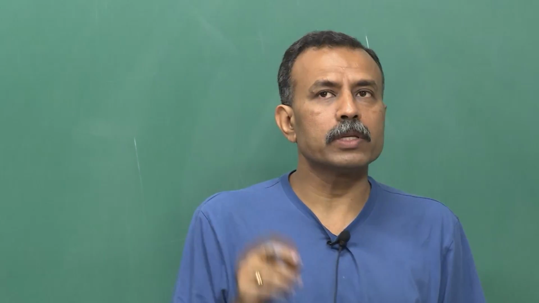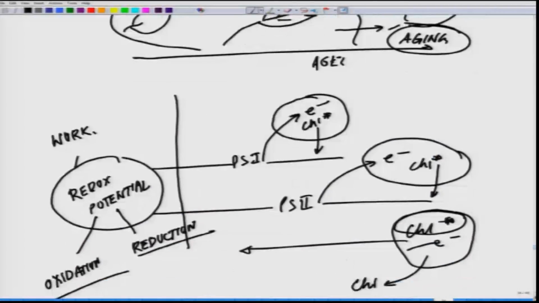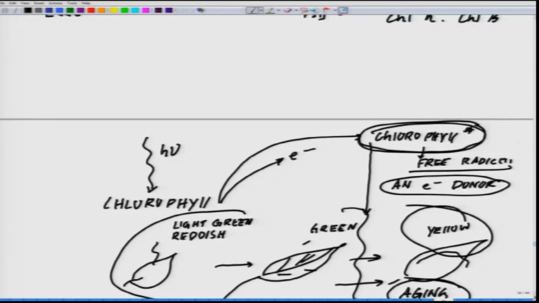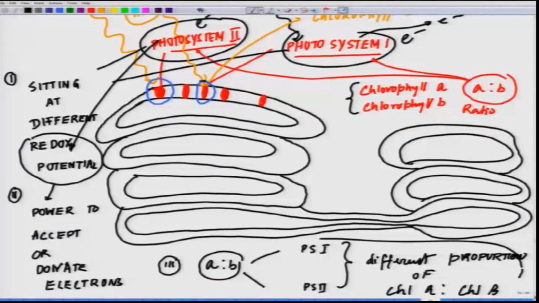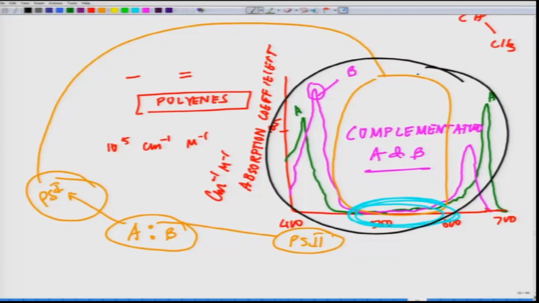So, today's take home message is the existence of two kinds of photosystems ejecting electrons from different redox potentials; the chlorophyll molecule attains its green color because of the magnesium, and when you remove it with aging it becomes yellow; photosystem 2 and photosystem 1 are sitting at physically distinct locations on the thylakoid membrane; and photosystem 1 and photosystem 2 are made up of a differential ratio of chlorophyll A and chlorophyll B, thereby modulating the spectrum, because the way you mix it, the spectrum is going to shift to one side or the other.